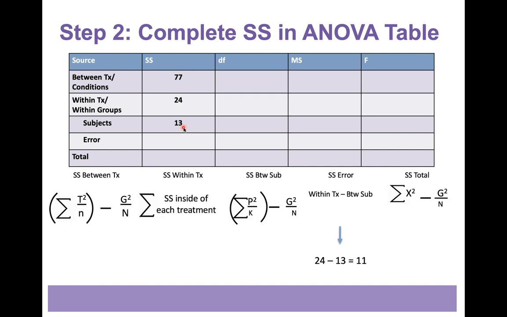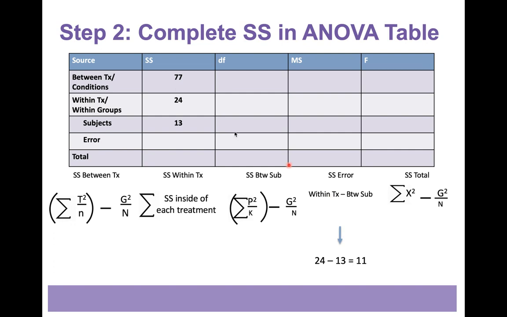Let's not lose sight of the importance of this number. This quantifies the variability that's due to individual differences. I don't want that variability. What I want is the variability that I can't explain, right? That's my point of comparison. The variability that I can't explain, that's error variability.